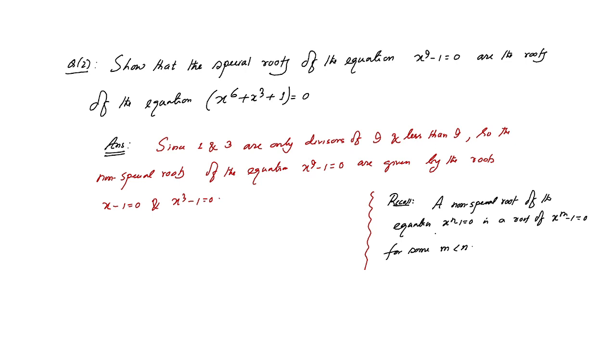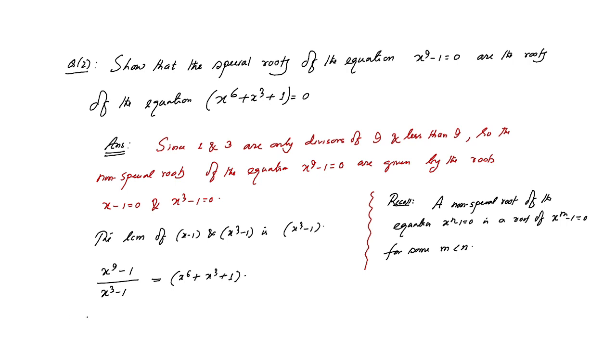So now we'll continue the problem. Now we'll calculate the LCM, the least common multiple of x minus 1 and x cube minus 1. This is x cube minus 1. Next we'll divide the equation x to the power 9 minus 1 by the LCM, x cube minus 1, and that will be x to the power 6 plus x cube plus 1.